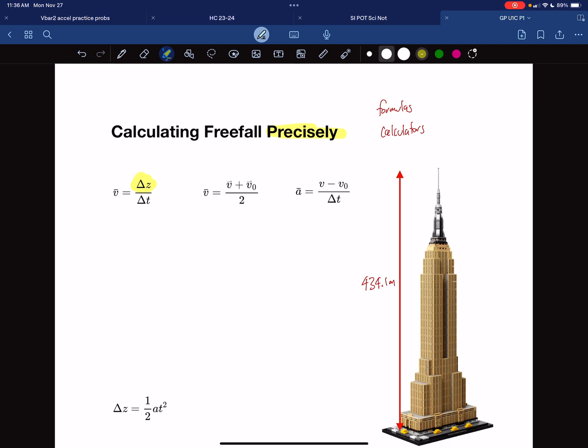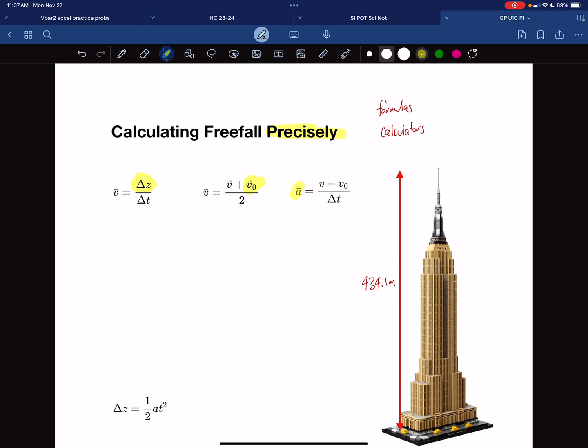But for this problem of Blake dropping this thing, we aren't given the average velocity, and we aren't given the time. We figured out an estimate of it from the average velocity table, but we don't know it. We know the initial velocity was 0, but we don't know the average velocity, nor the velocity on impact.